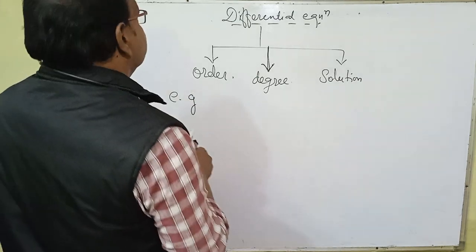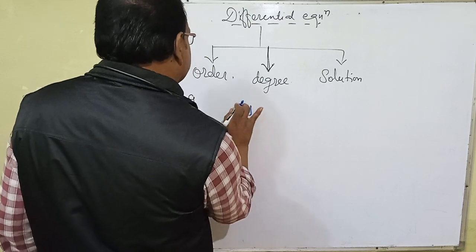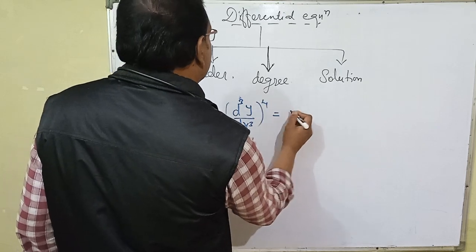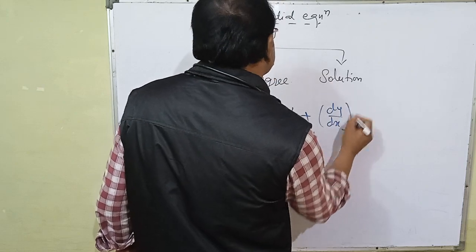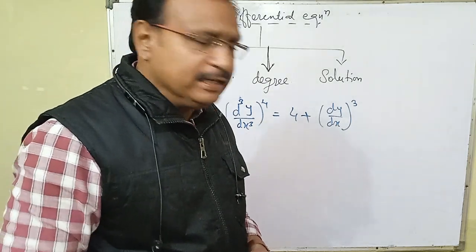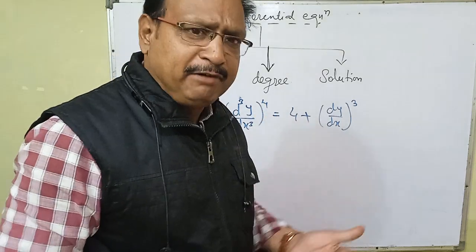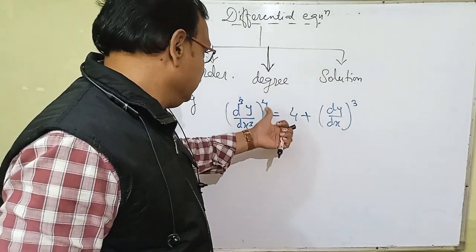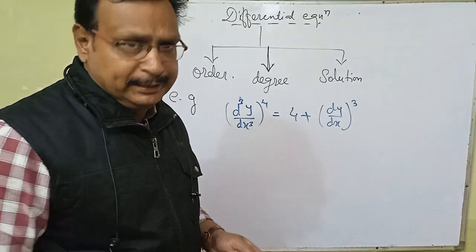For example, we take a differential equation (d3y/dx3)^4 = 4 + (dy/dx)^3. Here d3y/dx3 is nothing but the third derivative of y with respect to x, and its power is 4, equal to 4 plus dy by dx to the power 3.